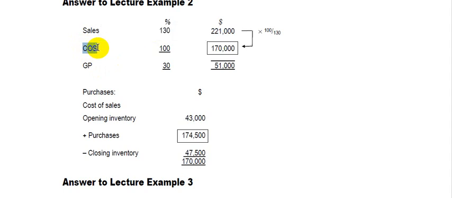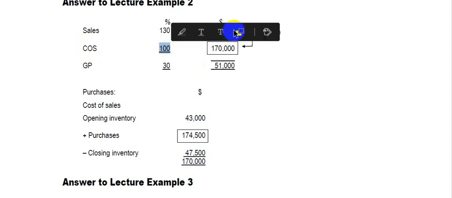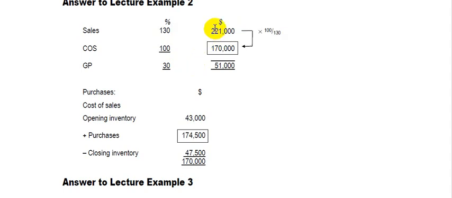We are looking for the cost of sales, which is 100%, so we cross multiply: 100 times 221 divided by 130 gives you the cost of sales of 170.